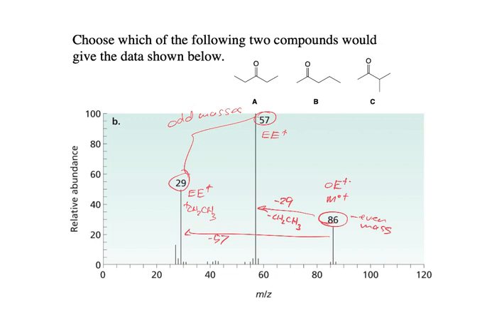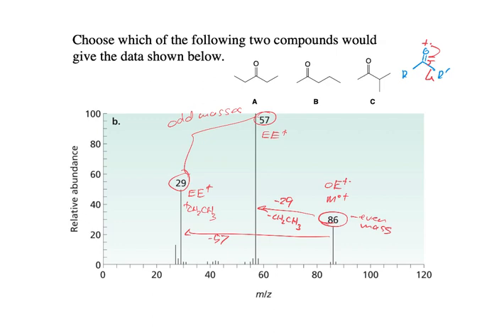Okay, so let's look at the molecules then. Remember that the common fragmentation for carbonyls like this, ketones, if we have an R and R prime, is this alpha cleavage where this comes down here, this goes like this, and we lose an R group.